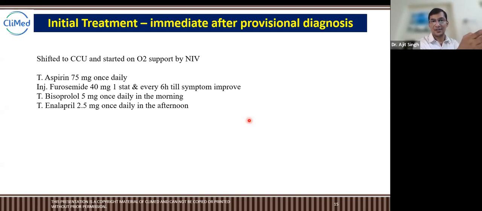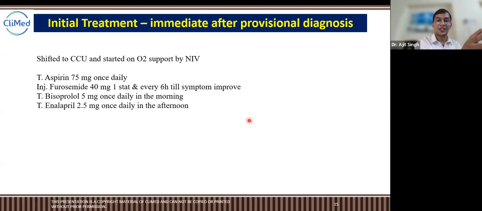Considering other factors, MI and hypertension, we started with 5 mg of bisoprolol and enalapril 2.5 mg, along with furosemide. Remember that furosemide is also there. That is also working for the hypertension. That is also one antihypertensive medicine, and for the heart failure we are giving it to reduce the fluid overload.